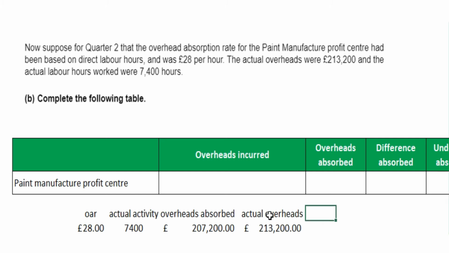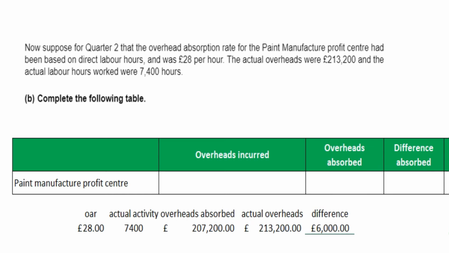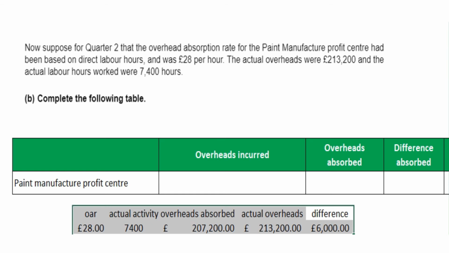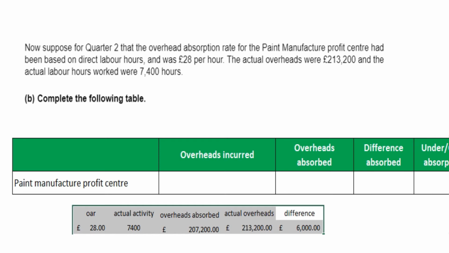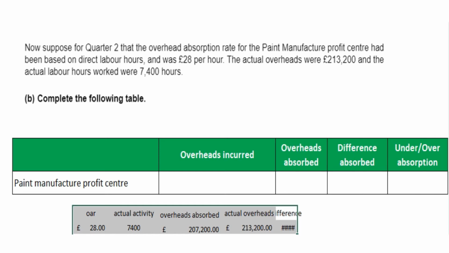If you look at the actual overheads and the overheads absorbed, there's a difference. The overheads absorbed is less than the actual overheads, meaning there's an under absorption. If the overheads absorbed was bigger than the actual overheads, there would be an over absorption. The difference is 6,000.